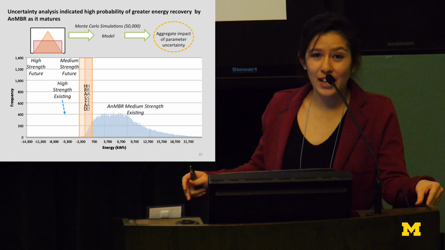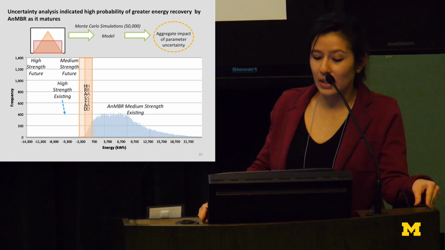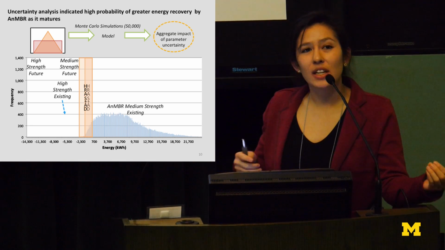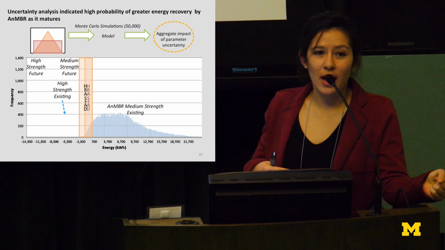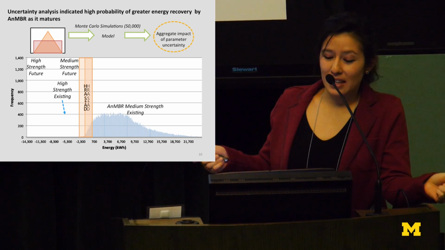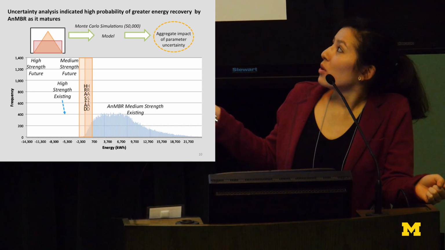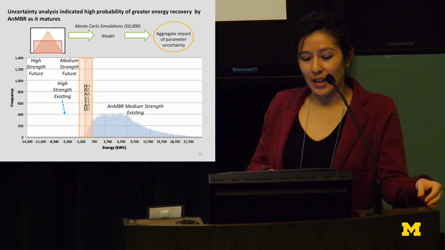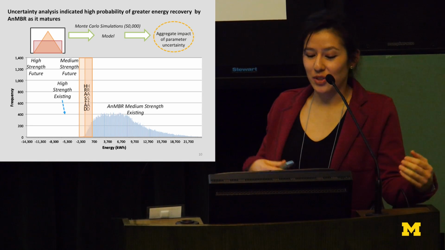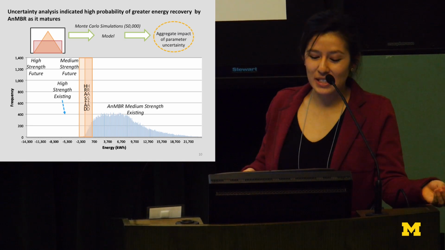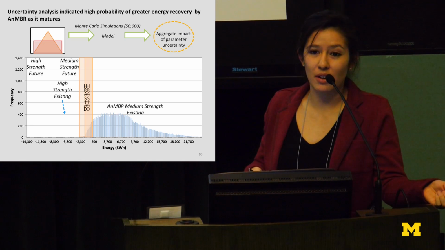Now if we overlay high strength, so this is the 800 milligram per liter domestic wastewater COD over this, we see that even in its current state, so using parameter values that exist for ANMBR at the pilot scale now, it's very possible that ANMBR, which is this blue, will recover more energy than HRAS plus AD. And for high strength wastewater in the future, assuming it evolves as it goes to the full scale, we see that it will be the clear choice for energy recovery.